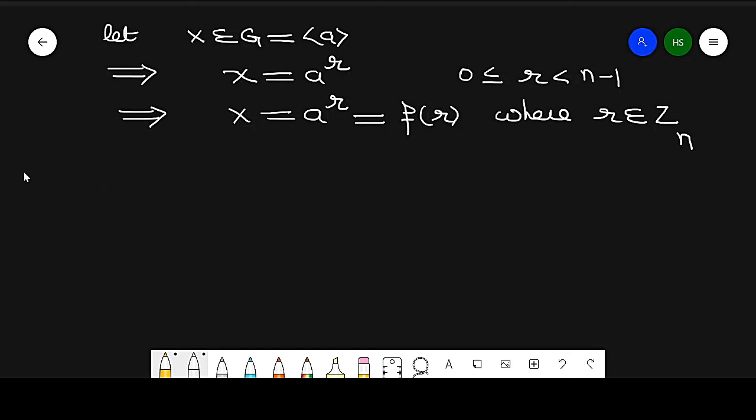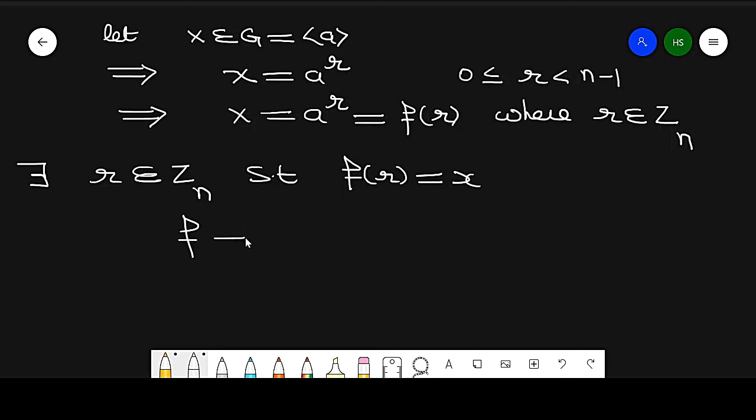So what does it mean? There exists r belonging to Zn such that f of r is equal to x. So it means this map is an onto mapping. So this is my second result: it is an onto mapping.